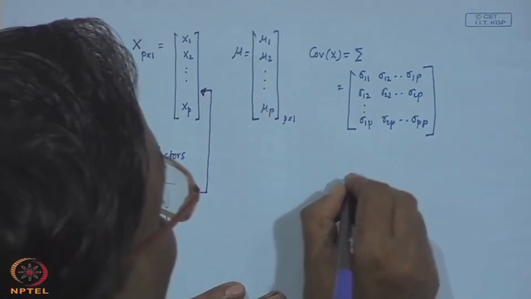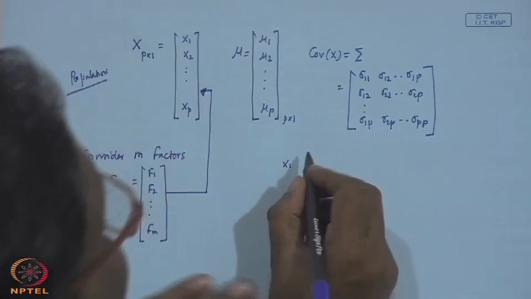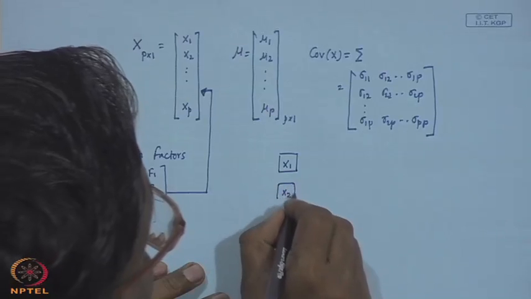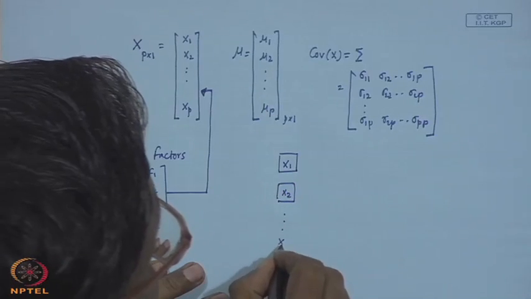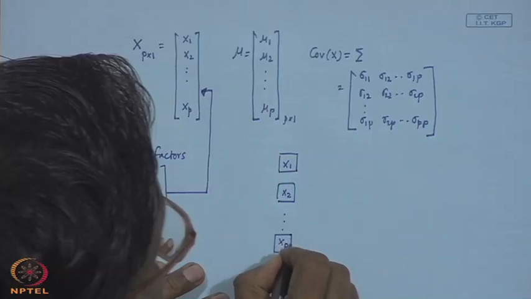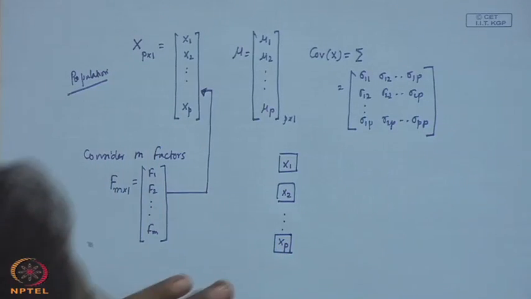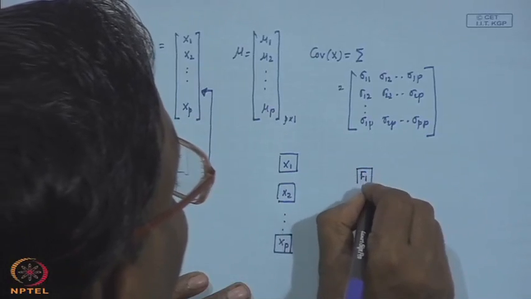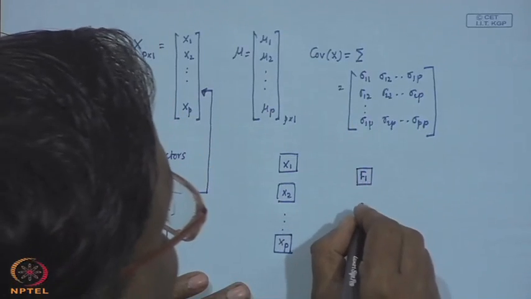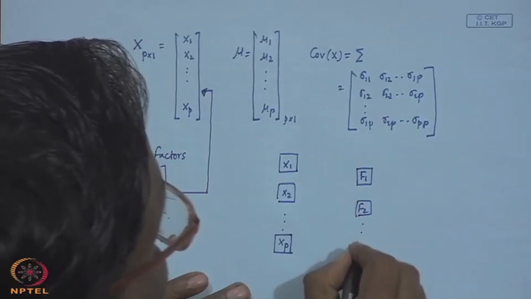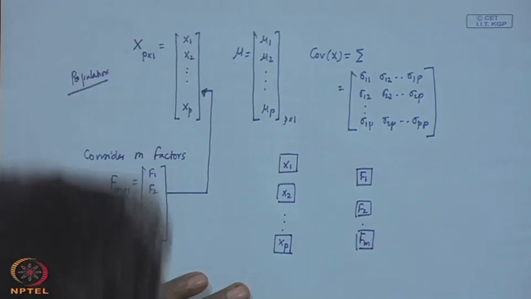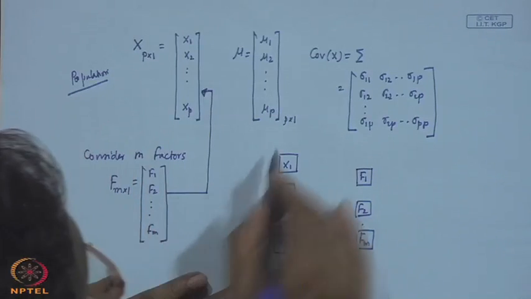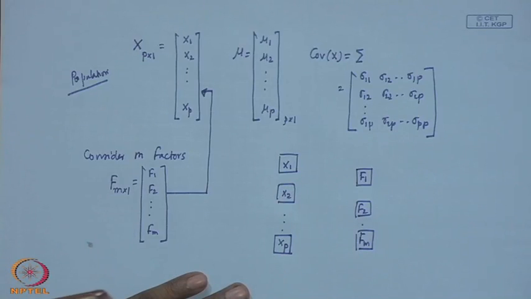So, what we can write, I have x 1, this is my one observed variable, my second observed variable is x 2, like this my last observed variable is x p, and we are saying that there are factors f 1, f 2 and f m, m factors, which are causing these x variables to occur.